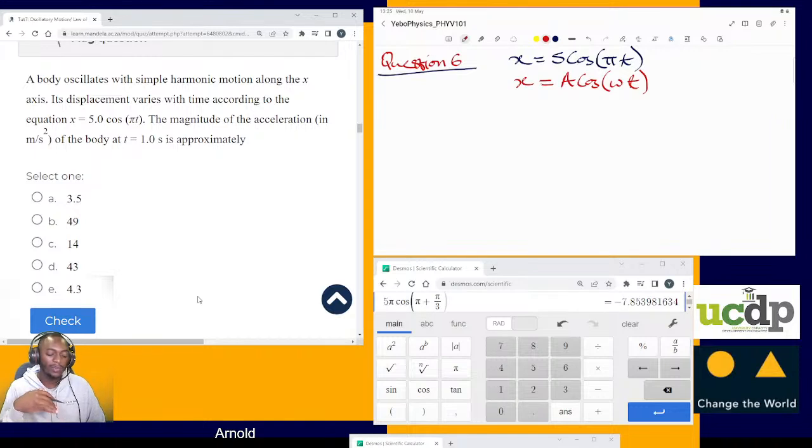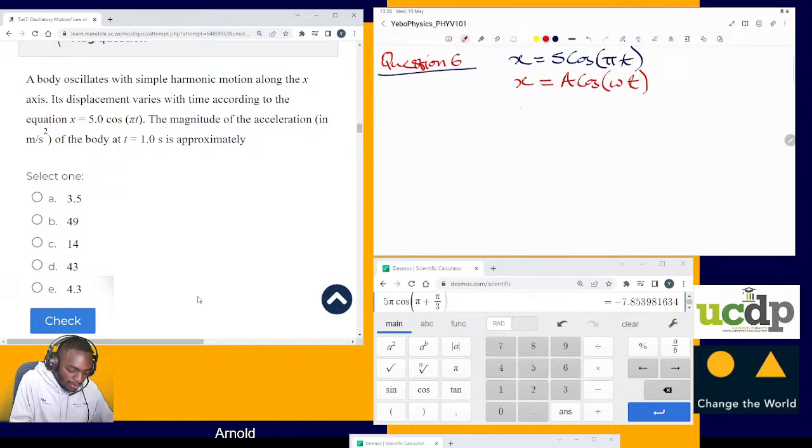This is going to be like a second derivative of the displacement time equation, which will give us the acceleration time expression. So we'll differentiate the displacement time equation to get the velocity time expression, then differentiate that again to get the acceleration time equation.